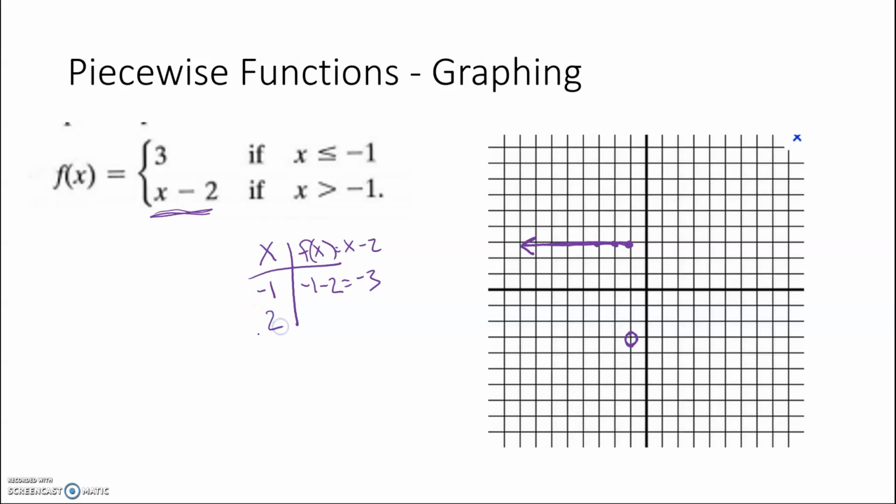Let's try 2. 2 minus 2 is 0. So we got 2, 0. And we're going to head in that direction forever and ever. You could have picked any point greater than -1.